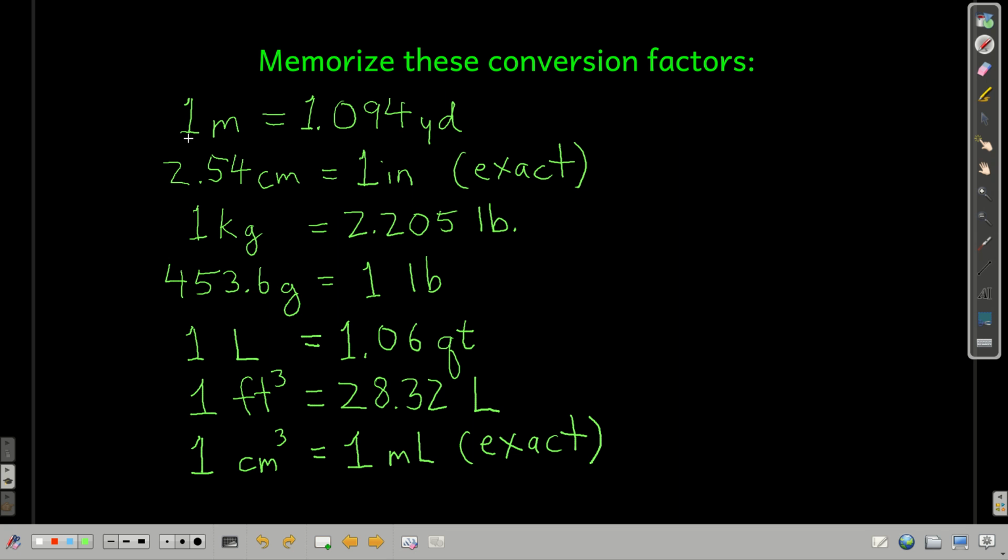Now the 1, that's exact. The 1 here is exact. The 1 here is exact. But 453.6 grams is equal to 1 pound. 453.6 is 4 significant figures. The 1.06 has 3 sig figs, and so on. So make sure you memorize these. It'll be real useful. This one in particular, 1 cubic centimeter is equal to a milliliter, we use quite often. So memorize those.